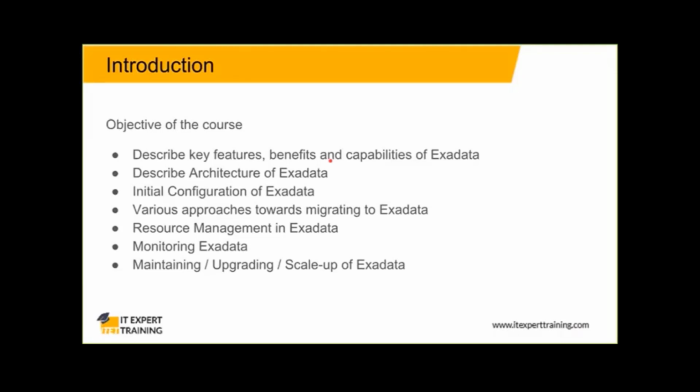So these are the key objectives and takeaways from this session, along with sufficient practicals, which will help us understand how a DBA or a DMA can actually manage Exadata.